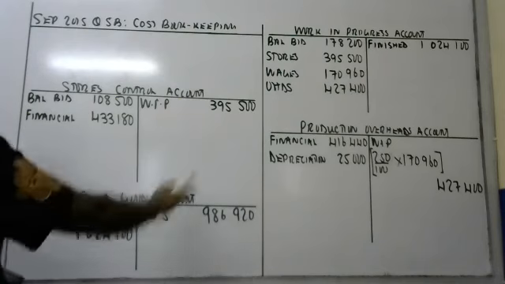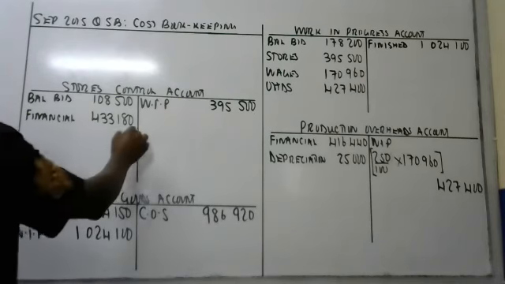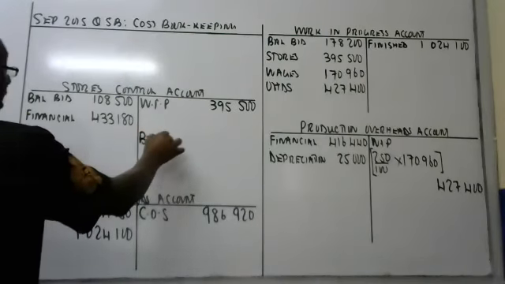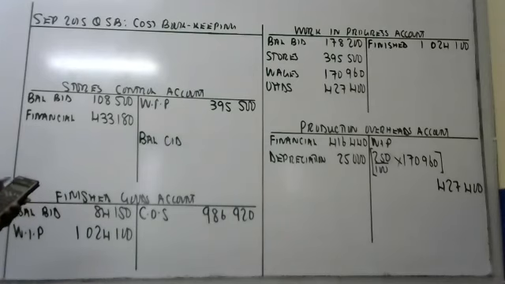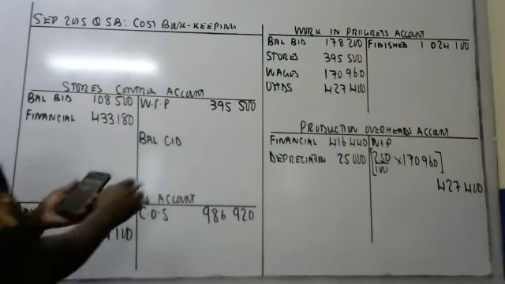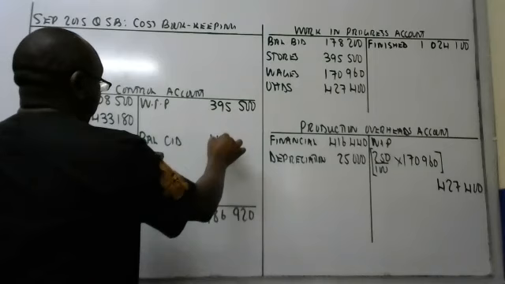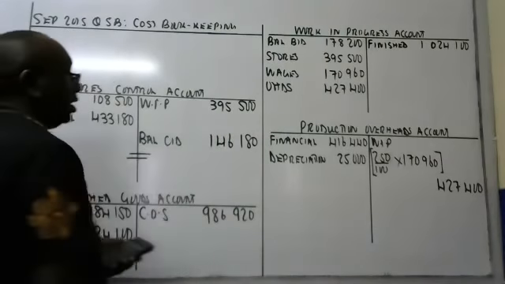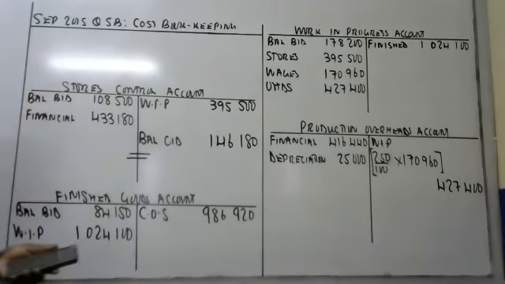So this one, there is nothing that has gone to the overheads. So we should have now balance carried down, which you should get as 108,500 plus 433,180 minus 395,500. That closes at 146,180 as the balance carried down.